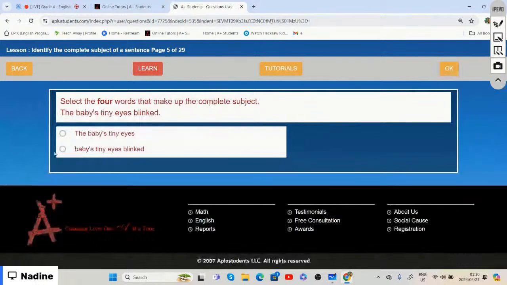All right, so we need to select now four words that make up a complete subject. It says the baby's tiny eyes blinked. Four words. Is it the baby's tiny eyes, or is it baby's tiny eyes blinked?